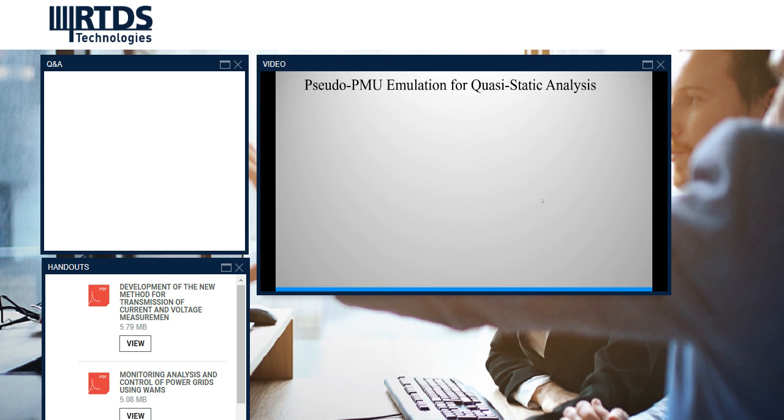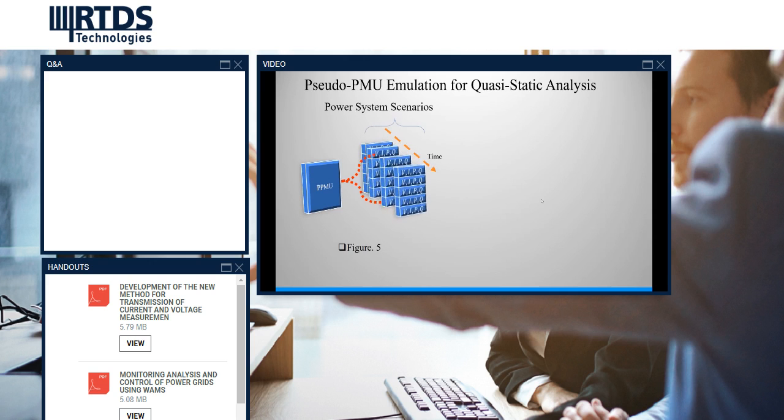Now, we have developed a model for pseudo PMU emulation for quasi-static analysis of our system. The PPMU emulator observes the various scenarios, or it would be apt to say the various snapshots in time, and acquires the information at the nodes at which the PMUs are placed. It archives the information and sends it for further processing.